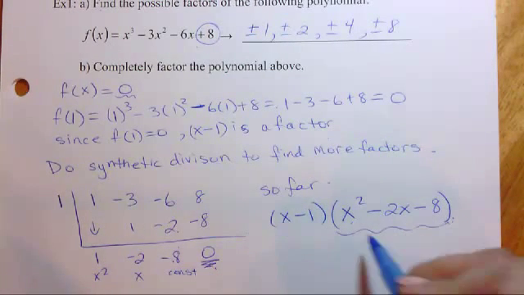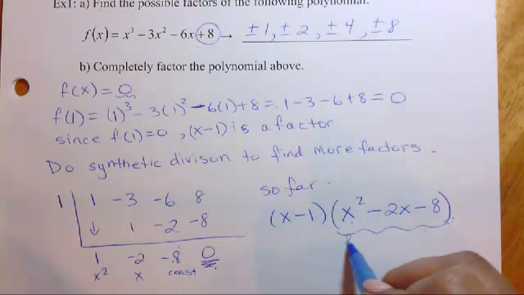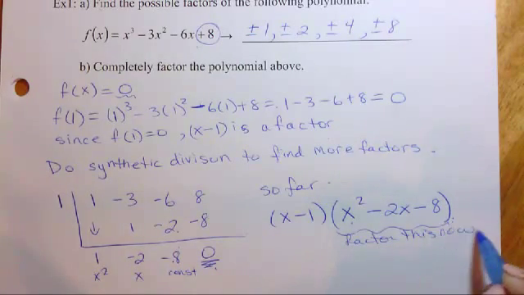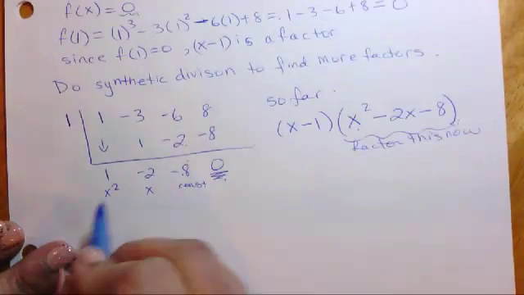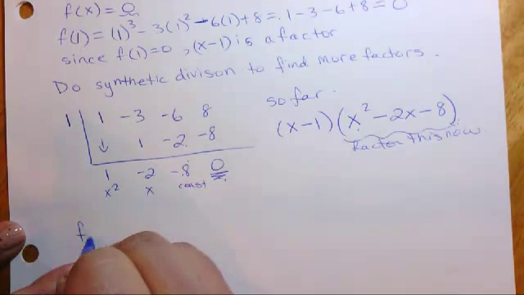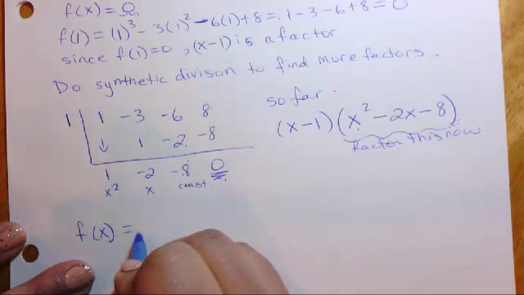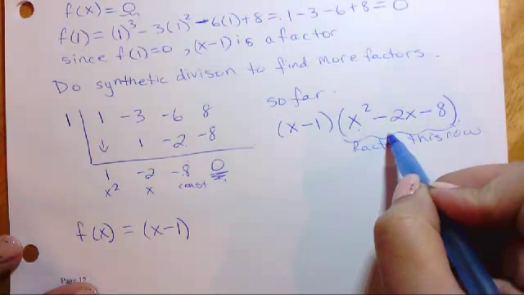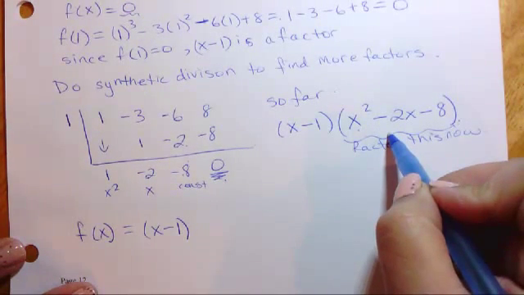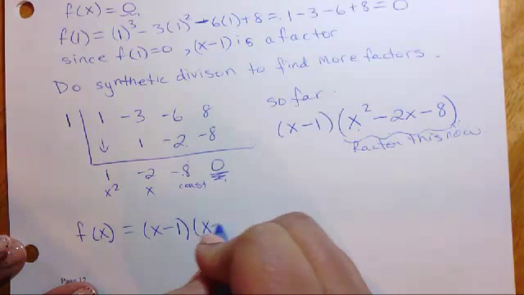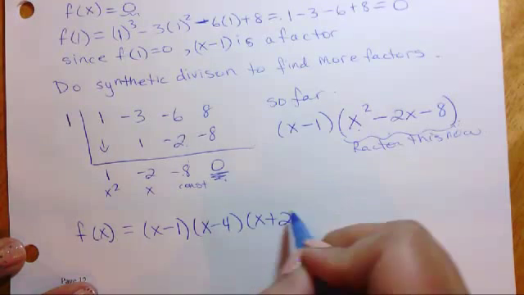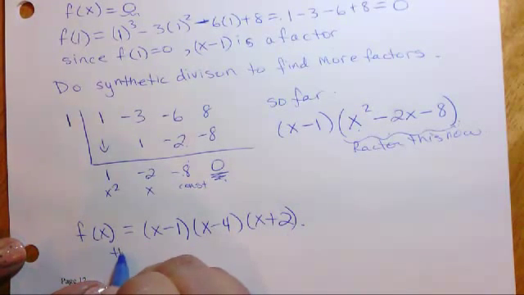So I can just use simple factoring to factor this out. Now I can say that f of x is equal to x minus 1, and this factored out is going to be x minus 4, x plus 2. So this is completely factored.